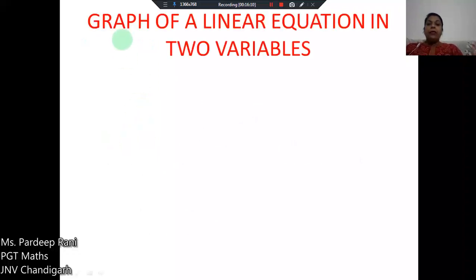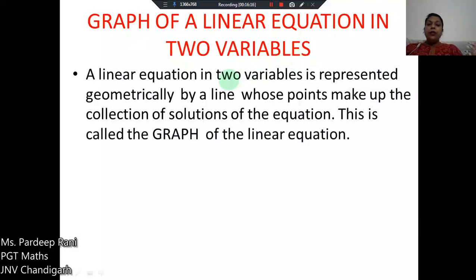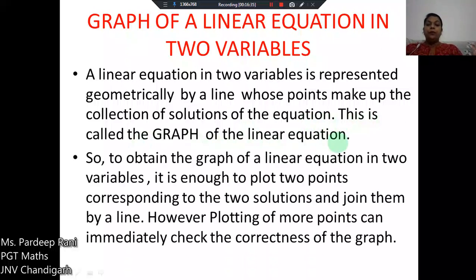Next concept is graph of a linear equation in two variables. Dear students, a linear equation in two variables is represented geometrically by a line whose points make up the collection of the solutions of the equation. This is called the graph of the linear equation.